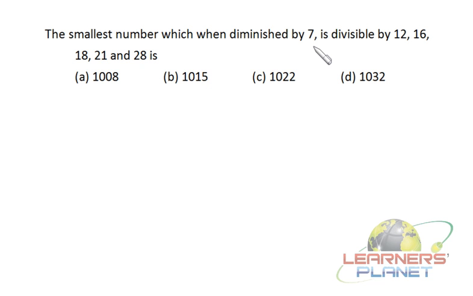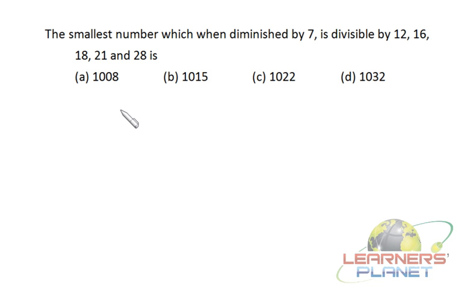So what we can do is go by options. Okay friends, whenever we are to eliminate the options, the divisibility tests of 3, 9 and 7 are very useful. So do try to apply them whenever possible. Now let's check option A, that is 1008 minus 7.